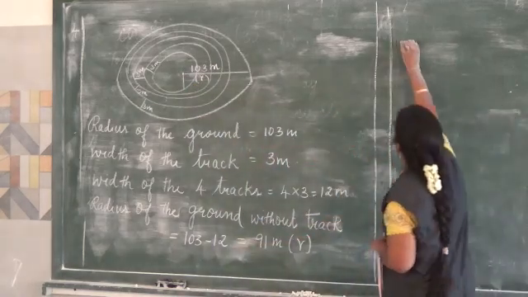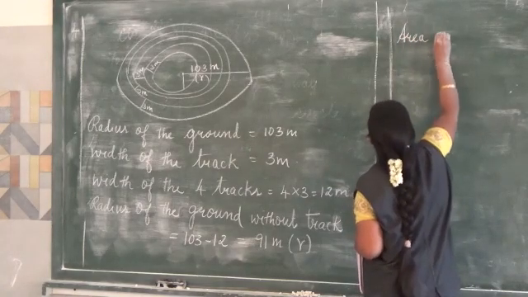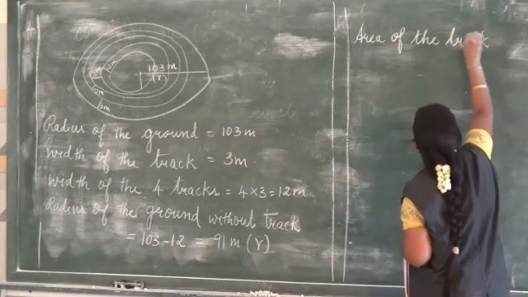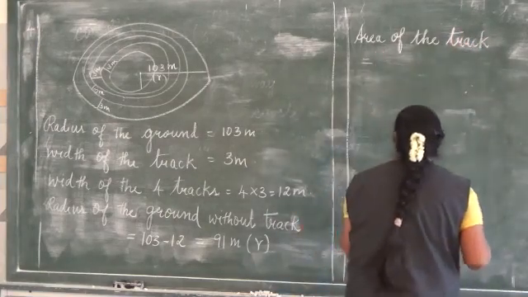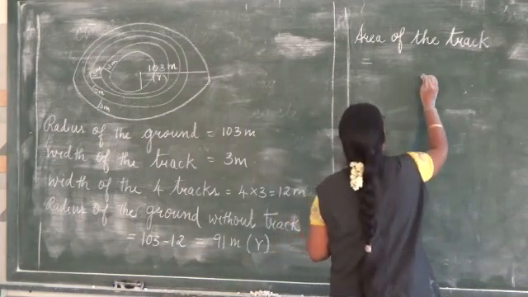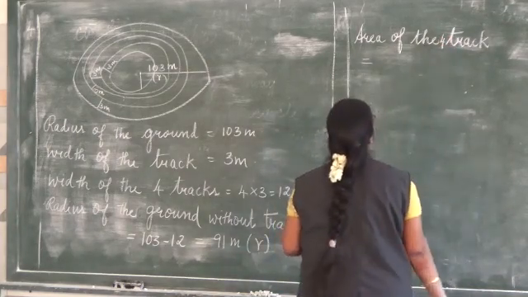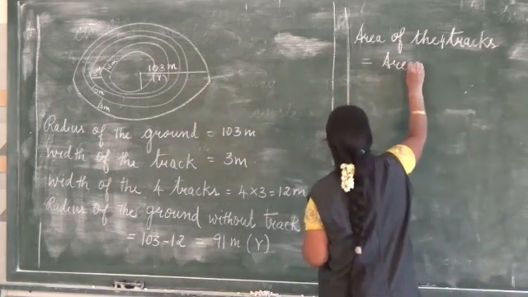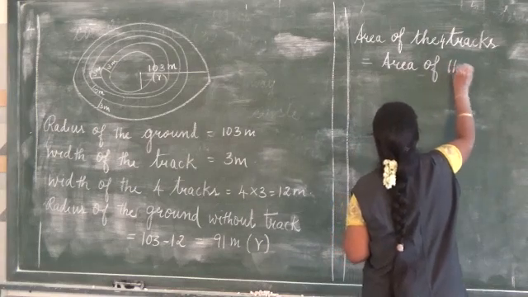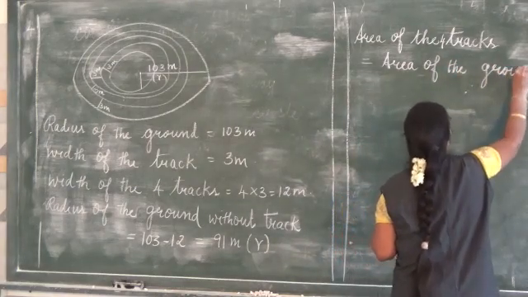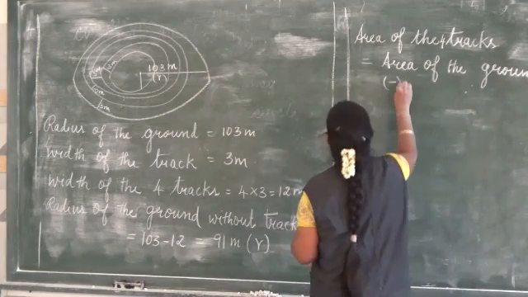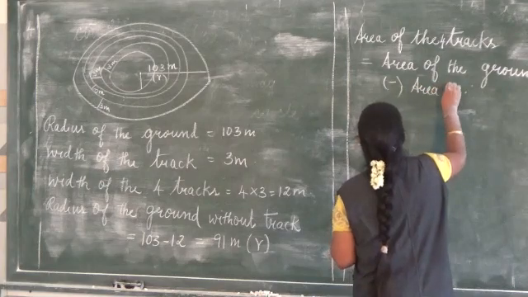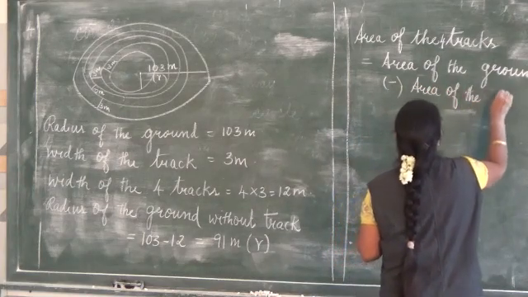So area of the track is equal to area of the 4 tracks. Area of the 4 tracks is equal to area of the ground minus area of the ground without track.